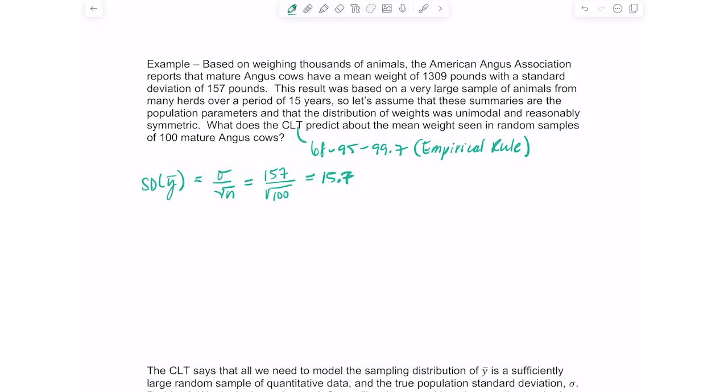It means that if you take a normal model, which we're applying because of the central limit theorem, we know that mu would be in the center, and mu here is the population parameter. It's the mean weight of all the cows, so that's 1309. And I would add approximately 15.7 pounds to one side to get the one boundary, and then I would subtract 15.7 from the other side to get the other boundary.